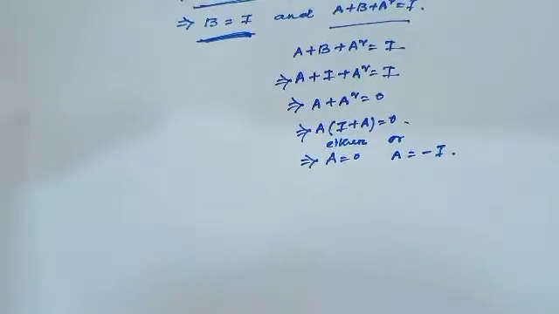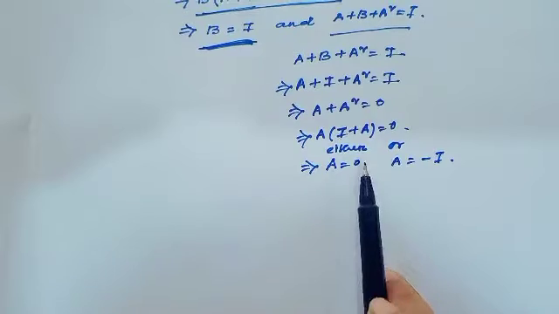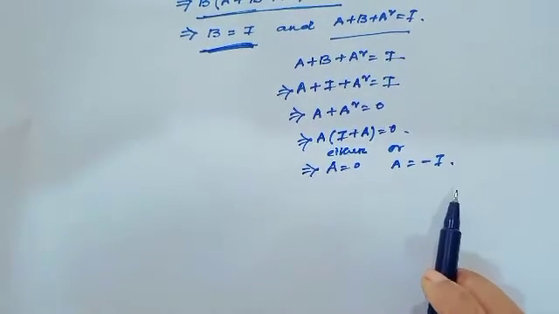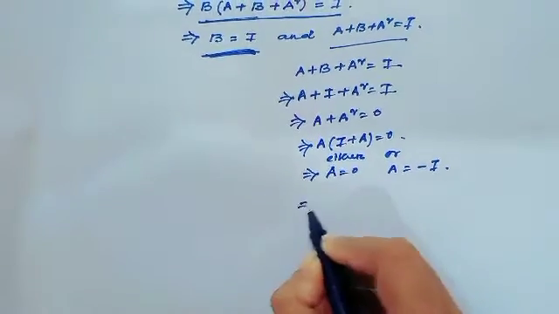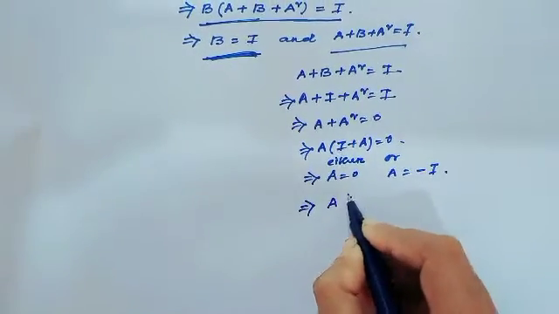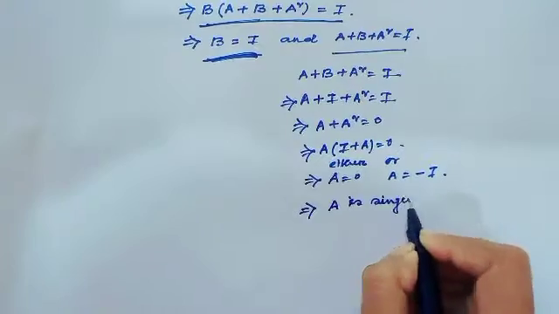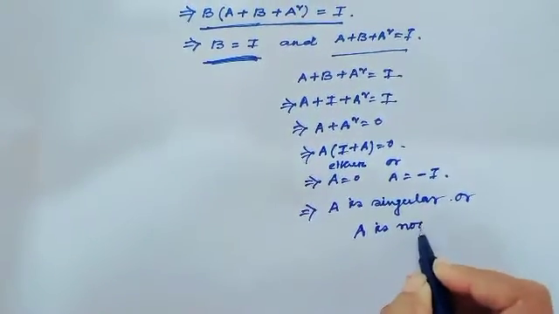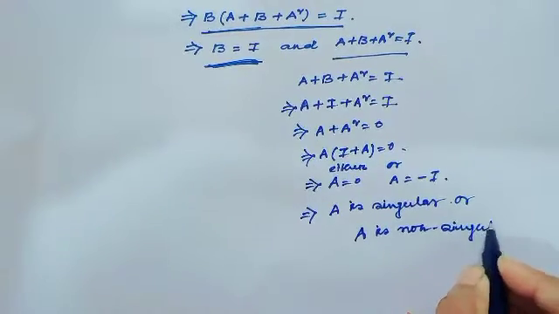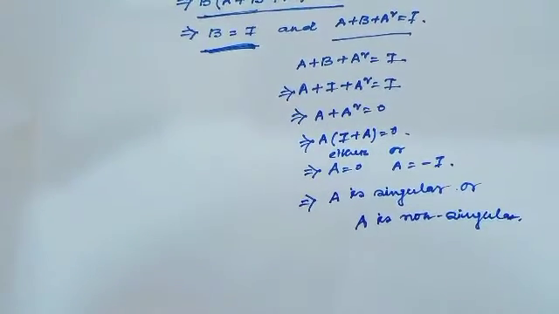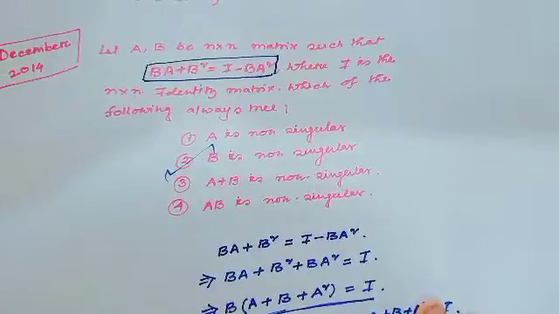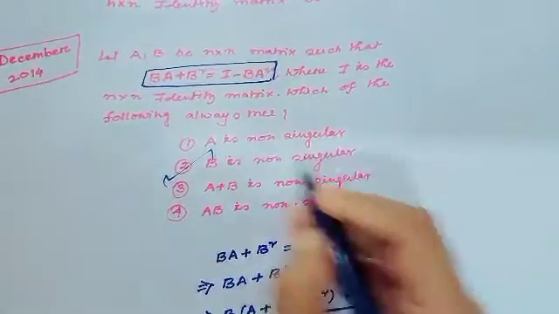Since two cases arise for A, obviously either A equals 0 or A equals minus I. That means either A is singular, if A equals 0, or A is non-singular. That means we cannot tell exactly that A is non-singular. A can be singular or A can be non-singular. That means option 1 is a wrong option.